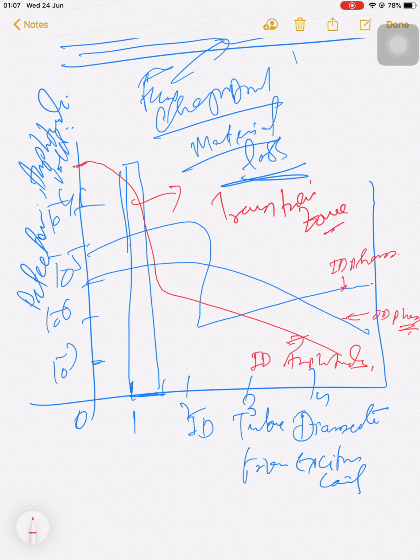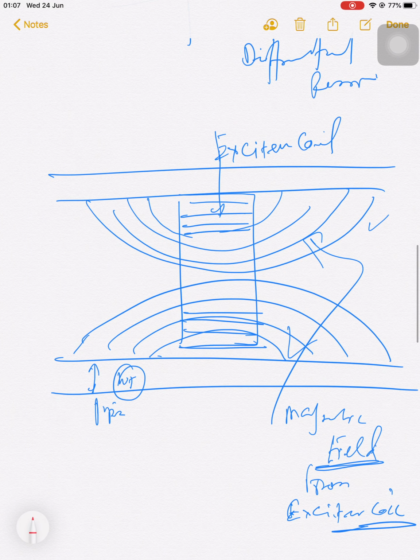This is the phase angle in degrees, and on this side you have 0, 90 and 180. This is the phase degree, you can see in this line. In this case, if you see, this is the location of your probe.